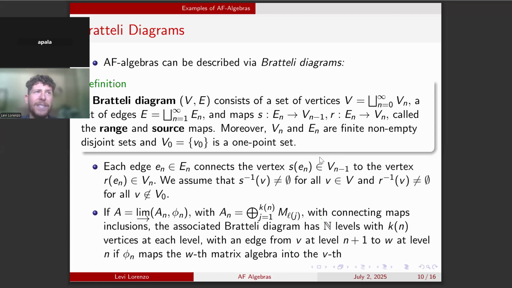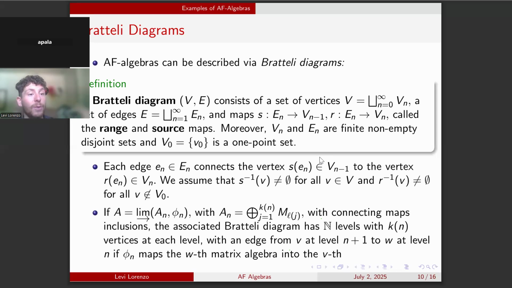With this Cantor set, instead of these one-third intervals, we say there's a vertex for each one of those, and an edge between each interval and the intervals that it splits into. We call the set of vertices the disjoint union of the V_n, with n ranging from 0 to infinity, and the edges the disjoint union of the E_n, with n ranging from 1 to infinity.